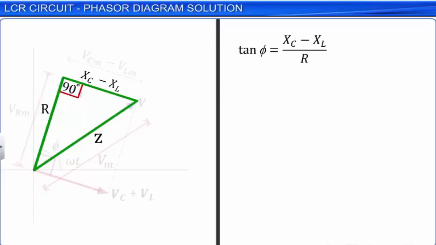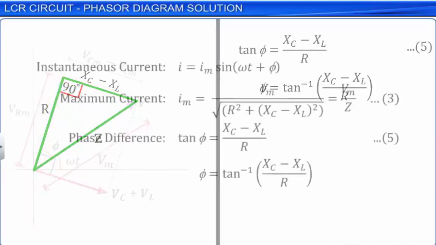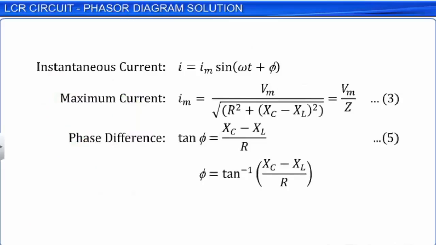Phase difference phi is equal to tan inverse of (Xc minus XL) by R. Thus, the current flowing through the LCR series AC circuit can be given as I equal to Im sin(omega t plus phi), where Im is given by equation 3 and the phase difference phi can be calculated from equation 5. Hence, we have obtained information of all the entities we desired using the phasor approach to the LCR circuit.